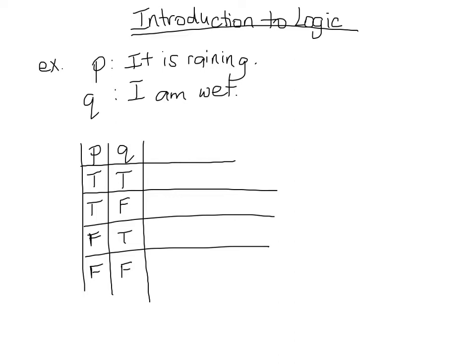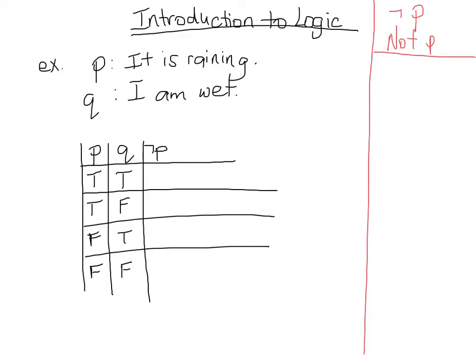Now, with that, we can start combining these statements in various ways. And in order to do that, I'll have to introduce you to a few symbols. So we're going to do that on the right side of the page. And the first symbol that I would like to introduce you to is the not symbol. So that means not, and together with the proposition, it means not P. In this case, it means it is not raining, not P. So if I have not P, anytime that P is true, not P will be false, and vice versa.